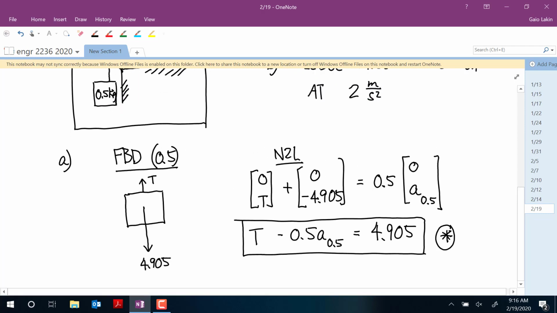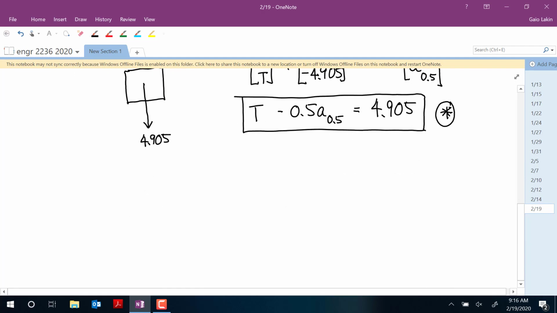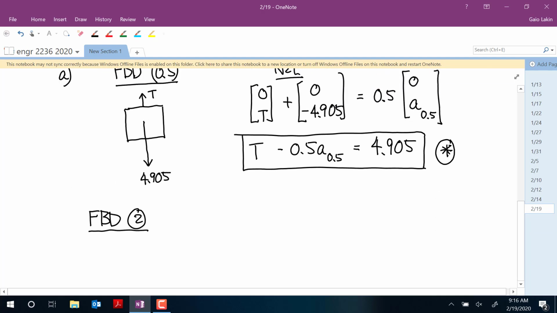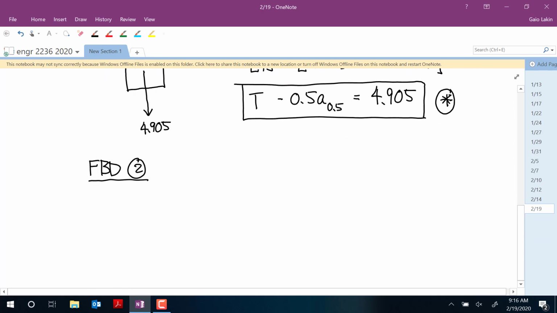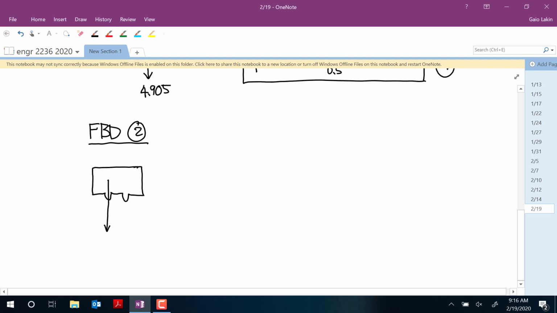Okay, so now let's do a free body diagram of the cart. So free body diagram of the 2 kilogram. There's the outline. And the forces, there's a weight force of 2 times 9.81, so 19.62 newtons down. And now go around the boundary. There's a normal force. That's a pushing contact from the ground.